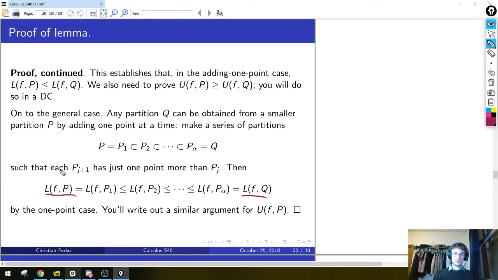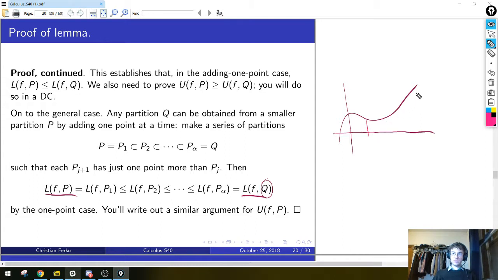So just to summarize, what we proved is that if you have any pair of partitions and one is finer than the other, then the lower sum in the finer partition is greater than or equal to the lower sum in the coarser partition. So lower sum in finer is bigger than or equal to lower sum in coarser. And that's, again, what our intuition for what this thing is supposed to do would tell us, right?